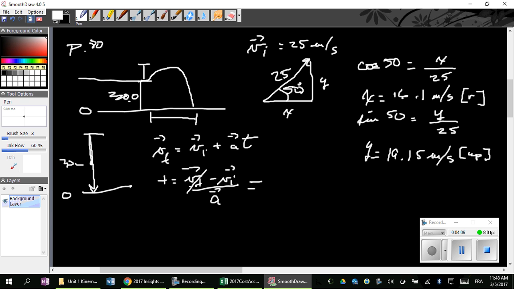Notice the two negatives here, this one and the negative 9.8, so it's good. So if I get 19.15 divided by 9.8, my time is 1.95 seconds to reach the top.